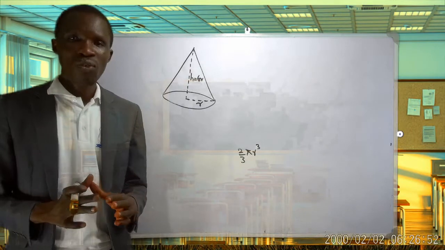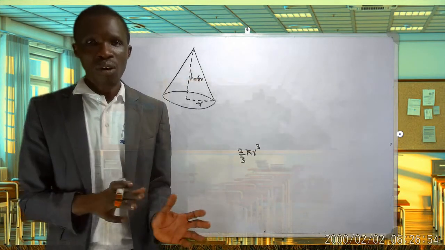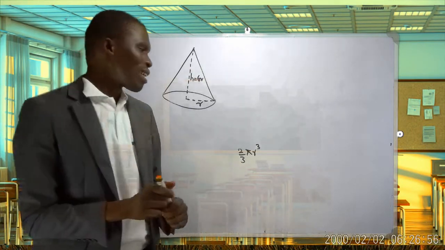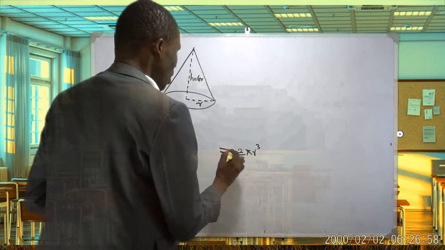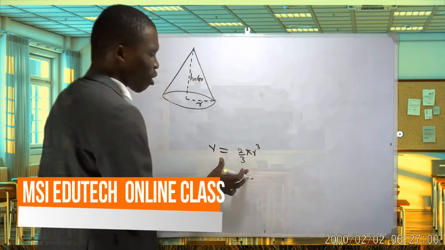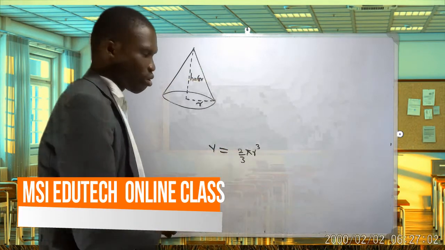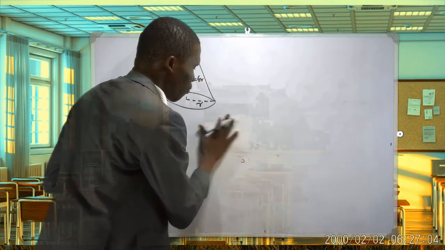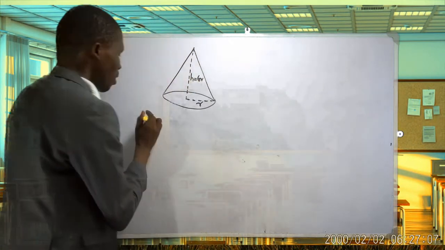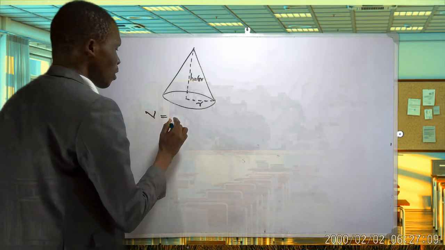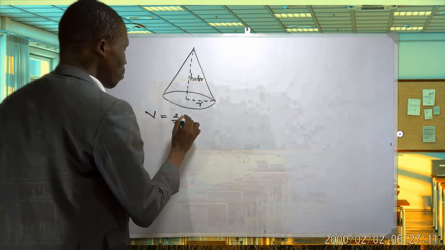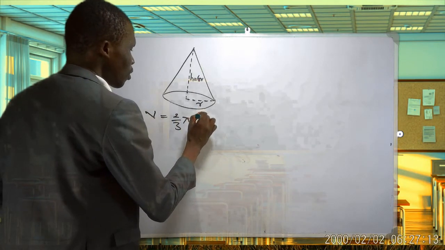Now we want to find the volume of the hemisphere. Remember that the volume of the hemisphere is given to us as 2 all over 3 pi r cube. So the volume of the hemisphere will give us 2 all over 3 pi r cube.